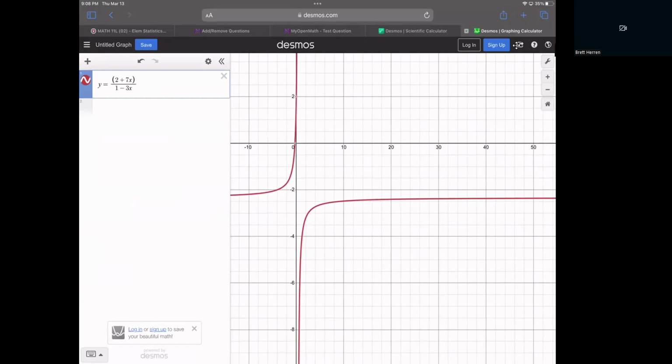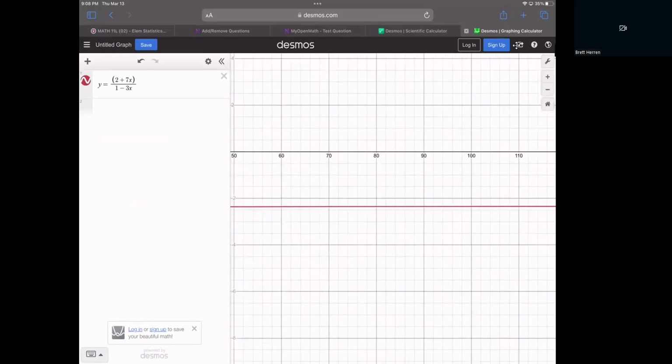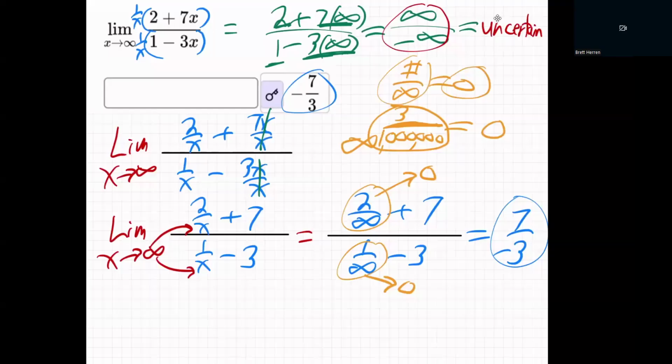I guess we're not getting any good points, but you can sort of tell on the graph. It looks like it's going just below 2, right? 7 thirds is 2 1/3. So see how it's headed out. As you go to the right forever, it's getting closer and closer to that value. All right. Enough said. There's the proof. And that's what we do.